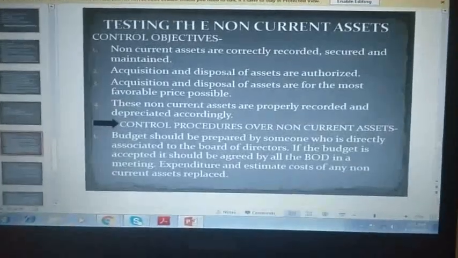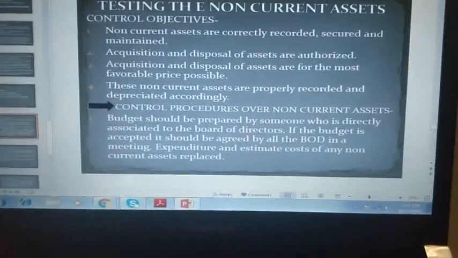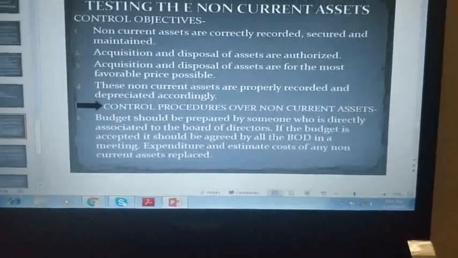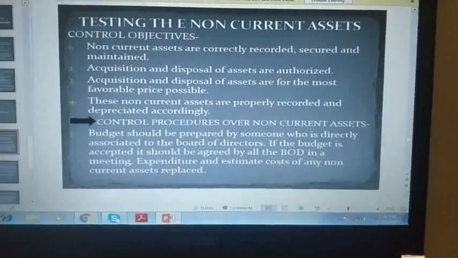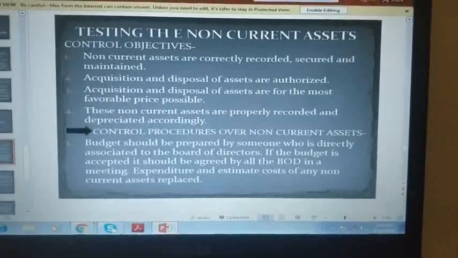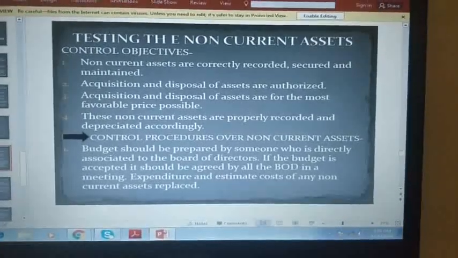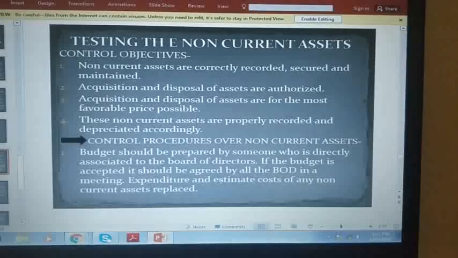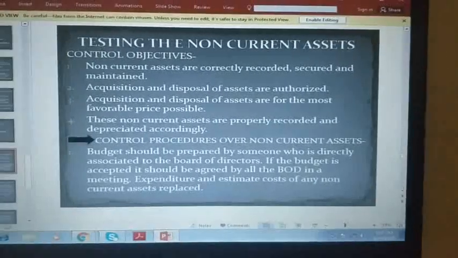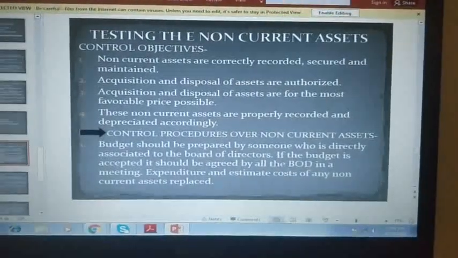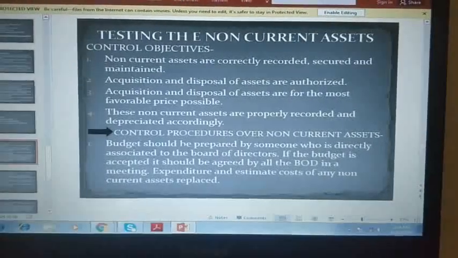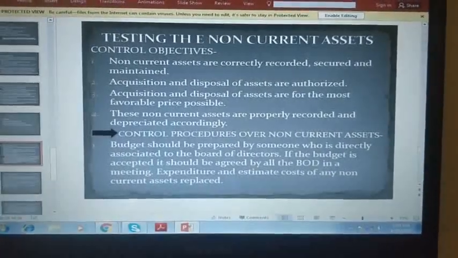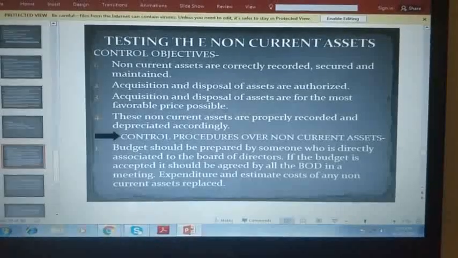Now what is the procedure over the non-current assets? Basically here, the budget should be prepared by someone who is directly associated, in the sense that it is the independent person who will be directly associated to the board of directors. If the budget is accepted, it should be agreed by all the board of directors in a meeting. Okay. For example, we all know that our country's budget and our state's budget will only be approved if everyone agrees to it.